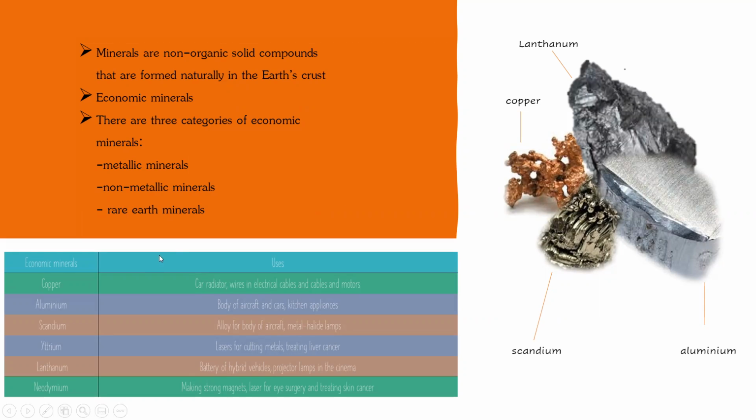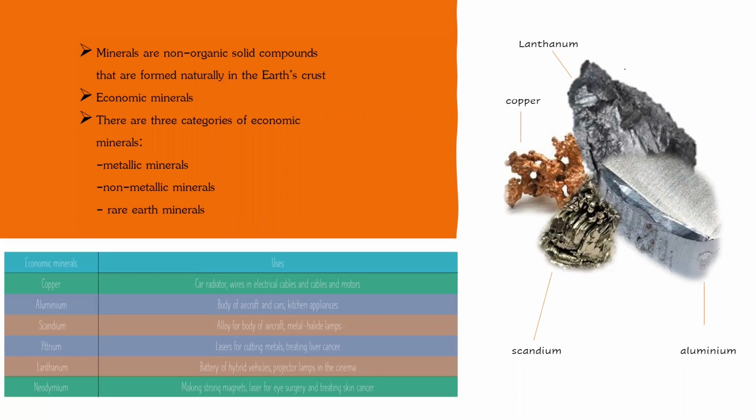Let's see. Economic minerals. First, we have copper. It's used in car radiators, wires in electrical cables and motors. Next, we have aluminium: body of aircraft and cars, and also kitchen appliances. Scandium alloy: body of aircraft, metal halide lamps.